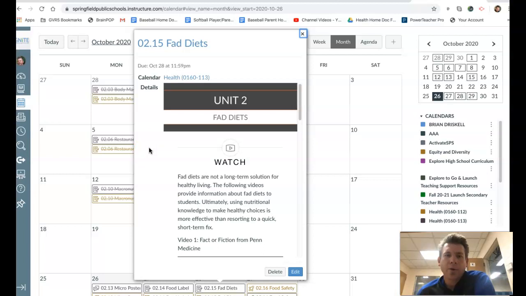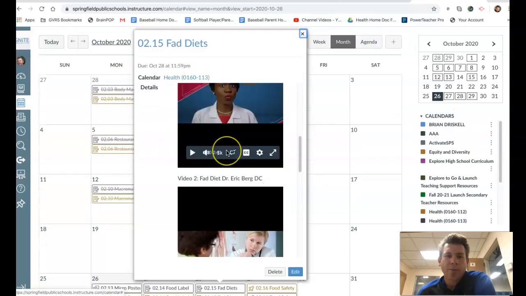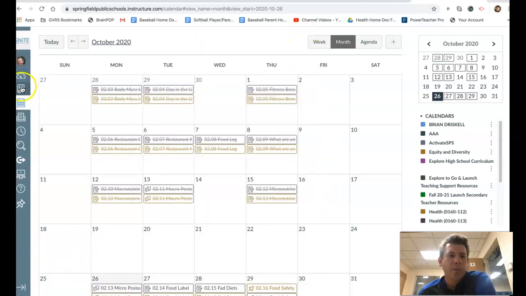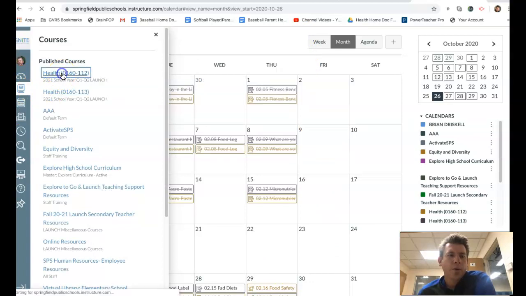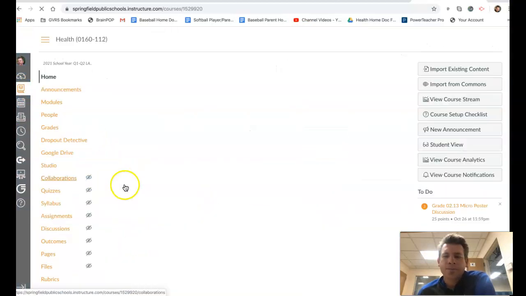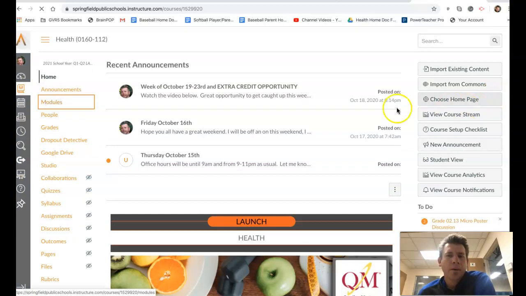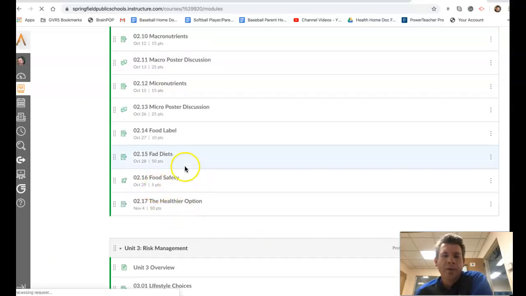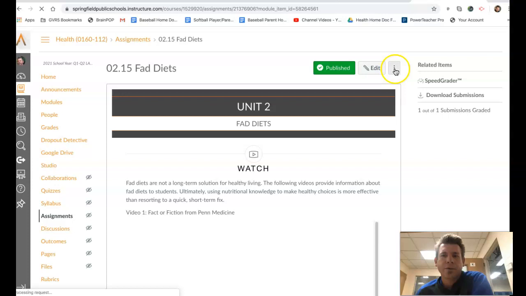What I would encourage you to do, though, is that when you open this assignment up, there is an attached rubric. So let me show you where you can go to view that. If you go back to your modules and then click on the assignment 2.15, and then up in the right hand corner there's these three dots.